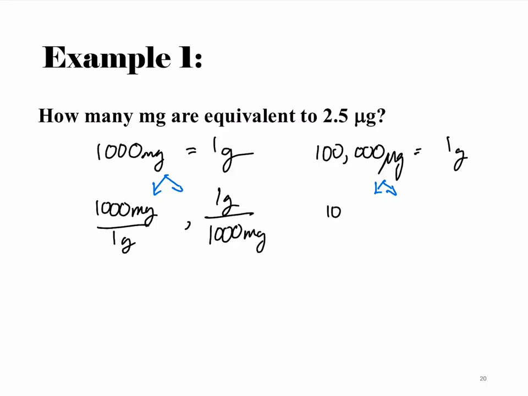So 10 to the 6 micrograms per 1 gram, and we also have 1 gram per 10 to the 6 micrograms. And sorry, this should be 1 million: 1, 2, 3, 4, 5, 6.